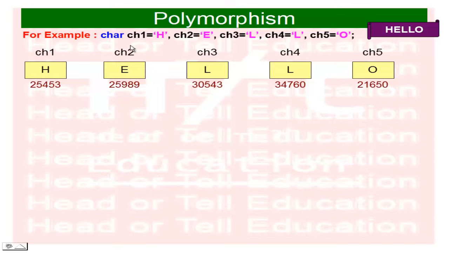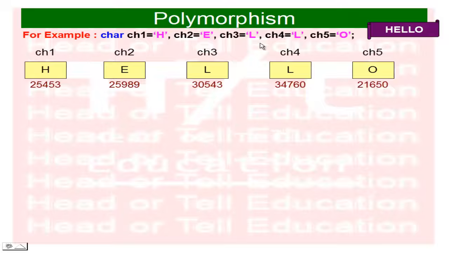So I have created 5 variables, one for each character. Character ch1 is assigned h, ch2 is assigned e, ch3 is assigned l, ch4 is assigned l again, and ch5 is assigned o.